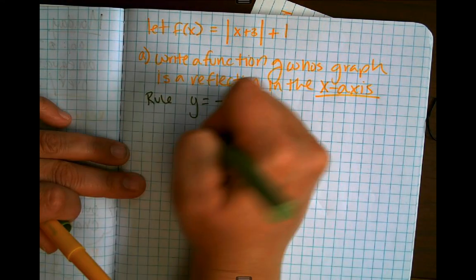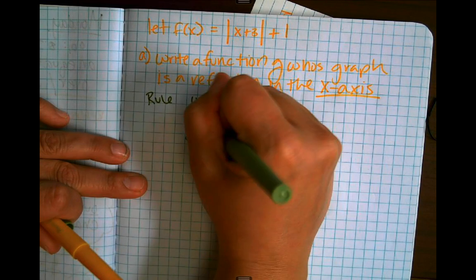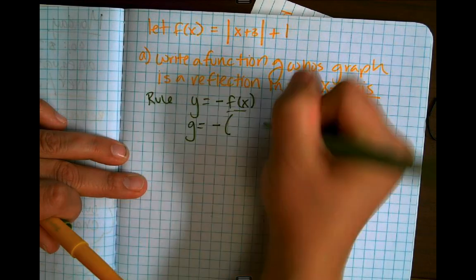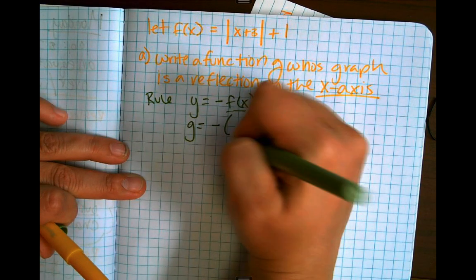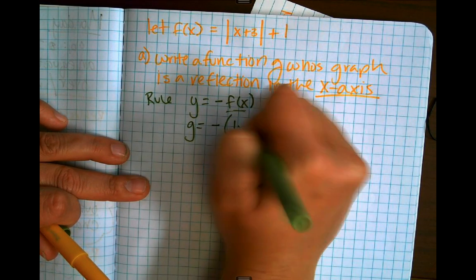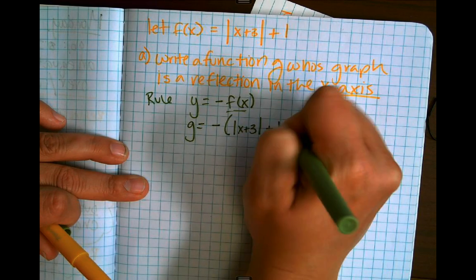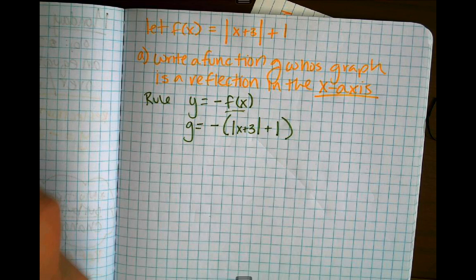So my new function g is going to be equal to negative, parentheses, and I have to write in everything that f of x had. That's why we have to use parentheses, because it's a little bit more complicated. So I have absolute value of x plus 3, plus 1. And we're going to have to do the distributive property.